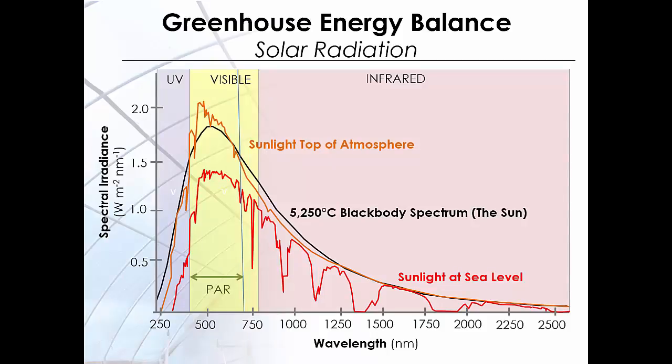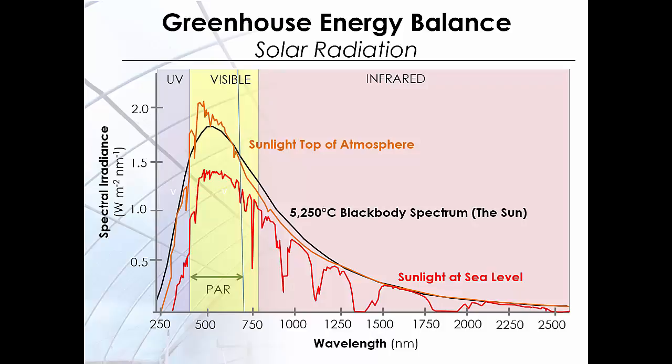Let's look at this graph now to examine the spectral irradiance based on the wavelength for solar radiation. The majority of solar radiation is within the wavelength of 300 nanometers to 2500 nanometers. The range between 380 and 770 nanometers is the visible light.